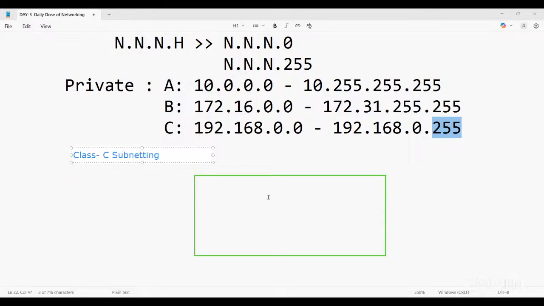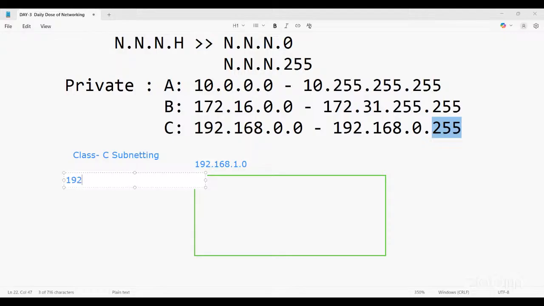In this case, you have to imagine your network. Let's say my network is 192.168.1.0. I have to subdivide my network into two parts. What do I mean by subdividing the network into two parts? Earlier, whenever I was using this network, I would start giving IPs like this.